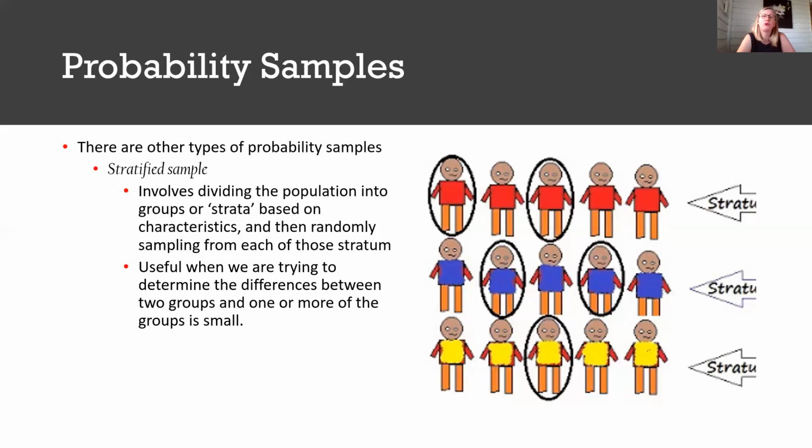Now, why would we do this? Well, it's useful when we're trying to determine differences between 2 groups and one or more of the groups is small. So let's say in Australia, we want to make comparisons between Indigenous Australians and non-Indigenous Australians. We know that the Indigenous Australian population is much smaller than the non-Indigenous population.